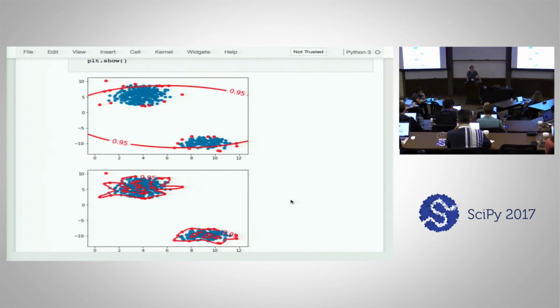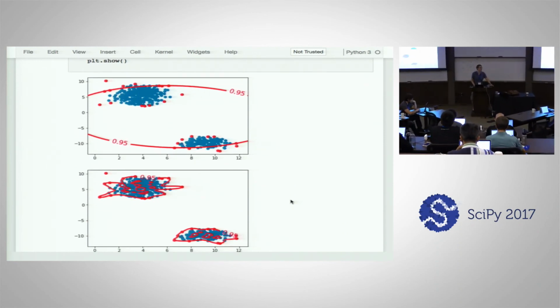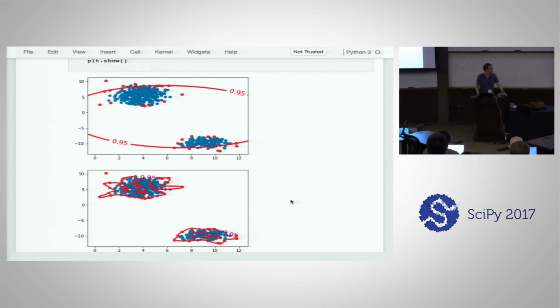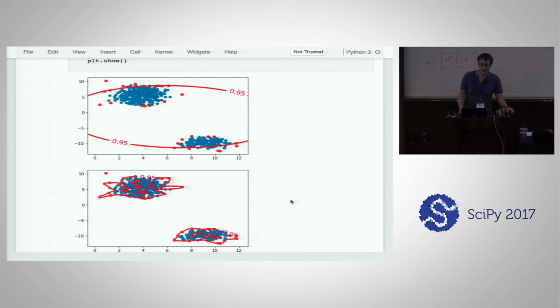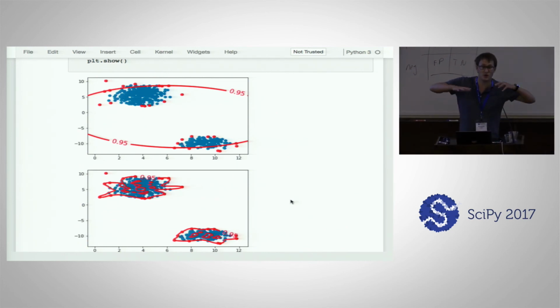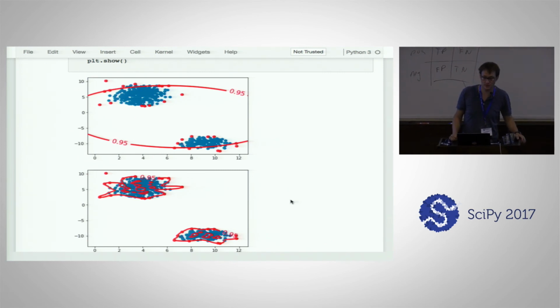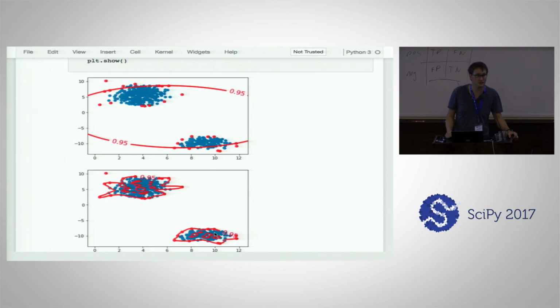So here I'm showing you the result with a very small gamma and a much higher one. And you see how the story gets complicated. If you use a very low gamma, then you have a very wide Gaussian kernel, and you end up modeling your data with just one big mode. Whereas if I put very tiny islands around each of my points, I end up with a very complicated decision function.